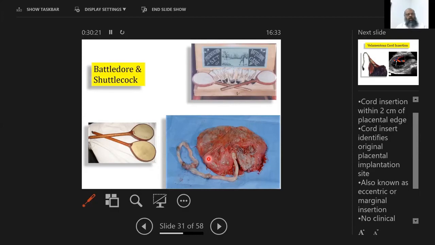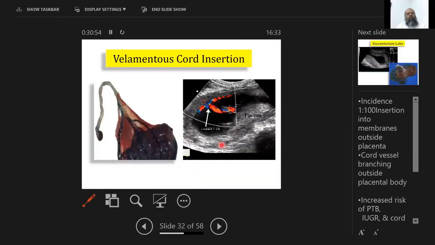So it is not on the center, it is away from the center, around 2 centimeters from the placental edge, from the corner. So we also call it battledore and shuttlecock, like this. We can call it shuttlecock or battledore or centric placenta, which is the cord insertion.